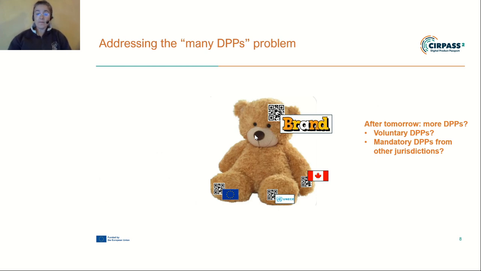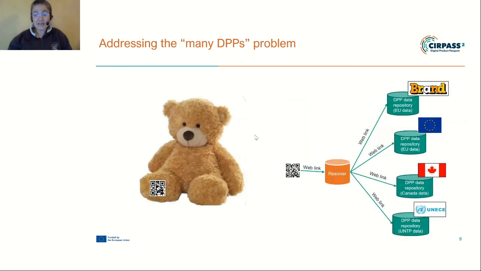So this could be a problem, but it doesn't necessarily have to be a problem for brands that sell into different markets, because you could resolve to whatever is the mandatory DPP in whatever market you're selling your product into. So the fact that there will likely be mandatory digital product passports in different states is not in itself a problem.